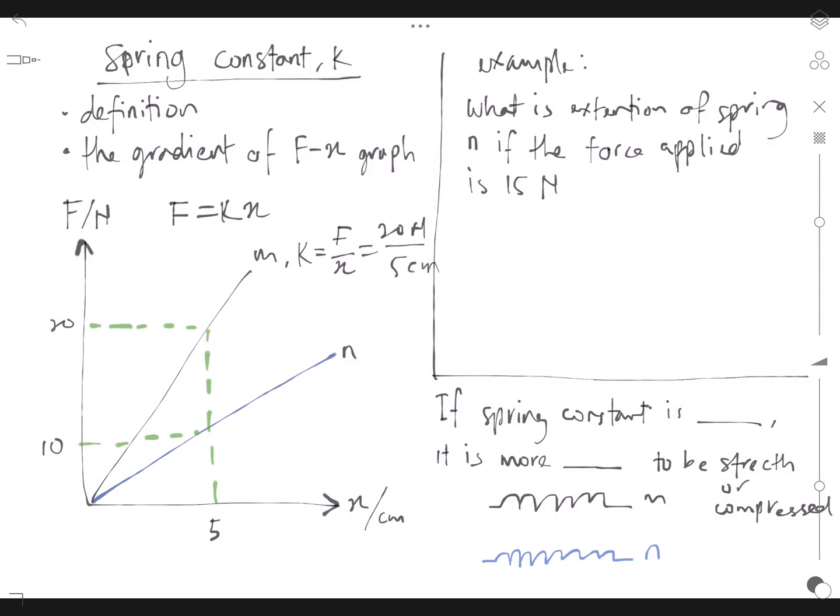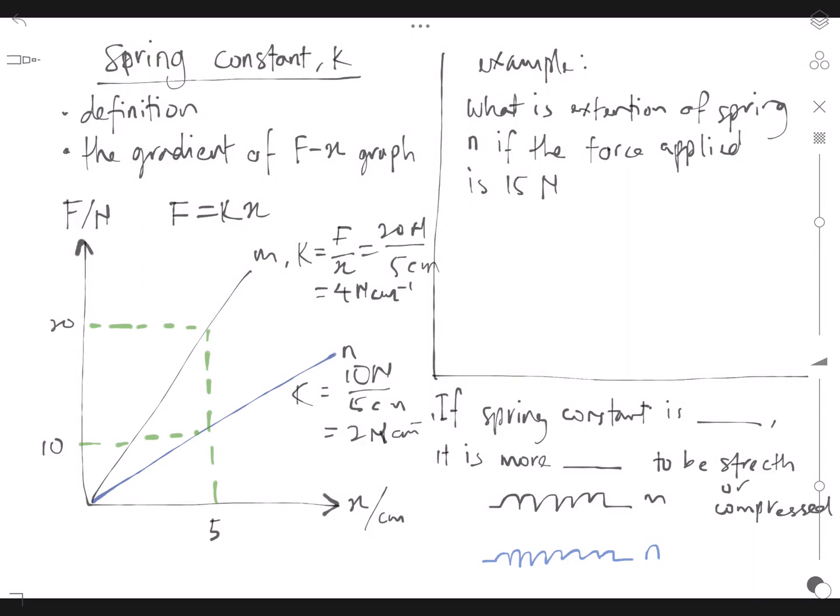So the spring constant for M spring is 4 Newton per centimeter. For N spring, it is 10 Newton over 5 centimeter. So you have 2 Newton per centimeter. That is the spring constant for spring N.